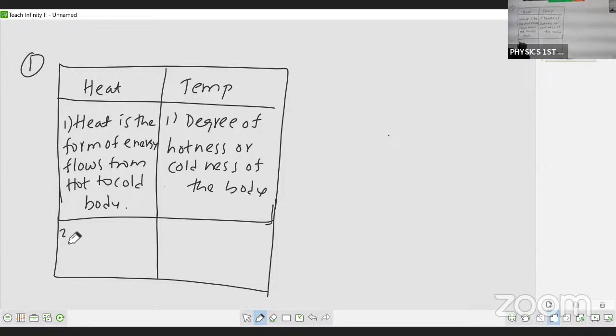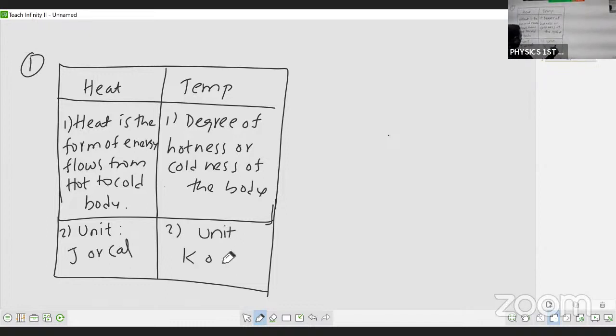Heat unit: joules, SI unit, calorie. Temperature unit: Kelvin or degree Celsius or degree centigrade, anything, no problem. So, distinguish between heat and temperature means you write 2 points, enough.